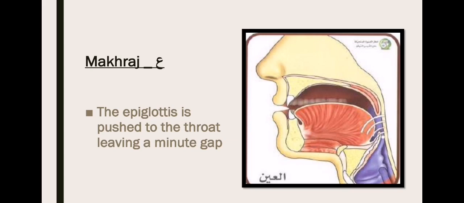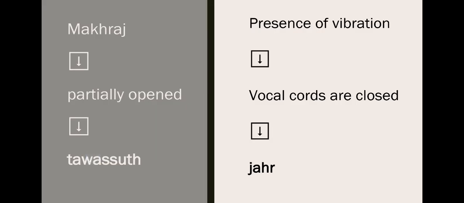That means there is a little bit of space, but we can't say that is too much space. The epiglottis is pushed through the throat, leaving a very minute gap.